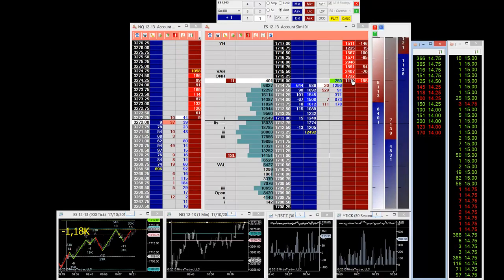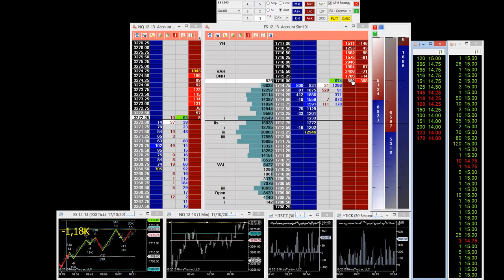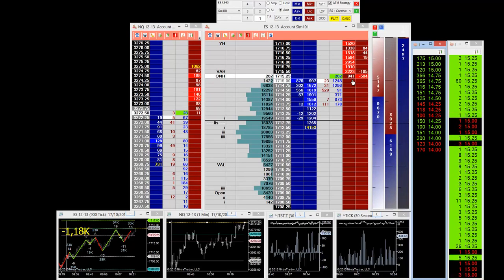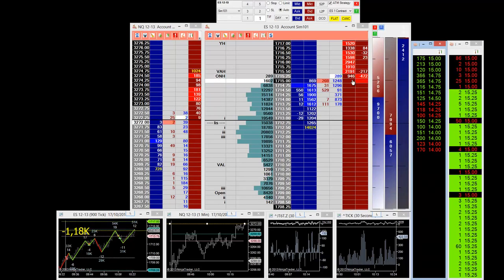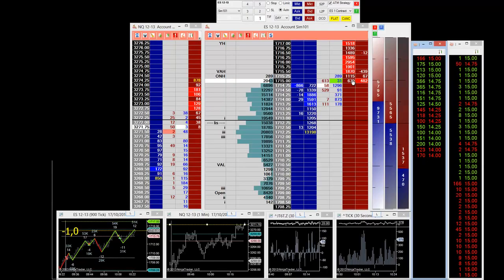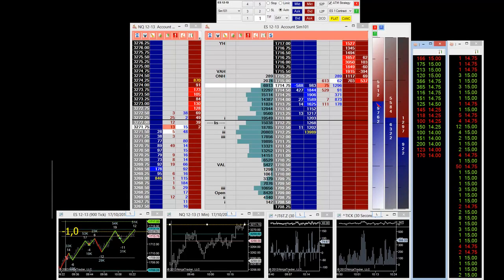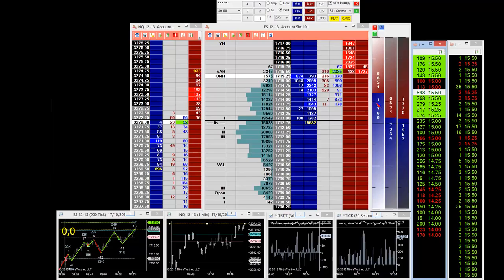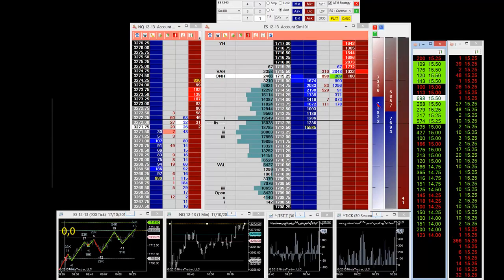So why would I have an exit order at the high of the day, knowing if it goes through, it's probably going to get through a bunch of stops and go up 2 or 3 ticks. So an exit order at the high of the day is a pretty dumb thing to have, to be honest, because you're probably going to get another 3 or 4 ticks, as we're seeing now, if it goes through the high of the day. Look at the buyers coming in now.